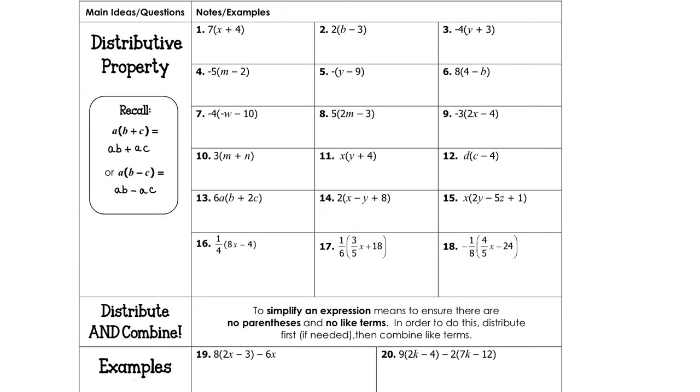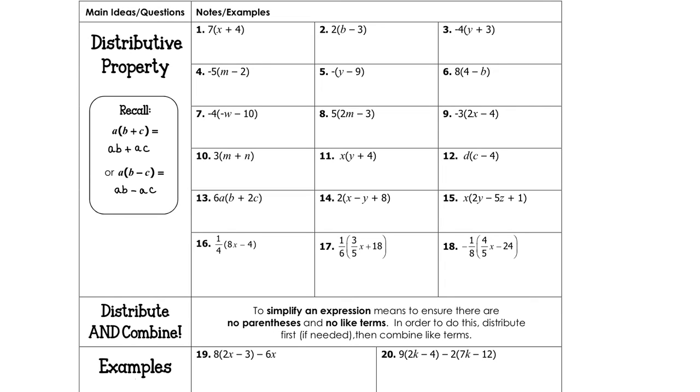Basically, you take the multiplier and you multiply it by each member of the group. The way you would say that mathematically is you multiply each term within the expression. I'm going to do one or two of these. This should be review if you're in an Algebra 1 class at this point, but I'm going to review it.